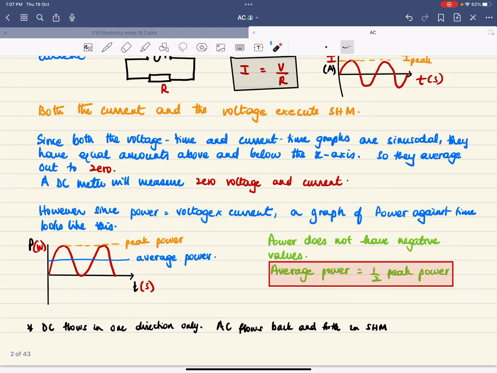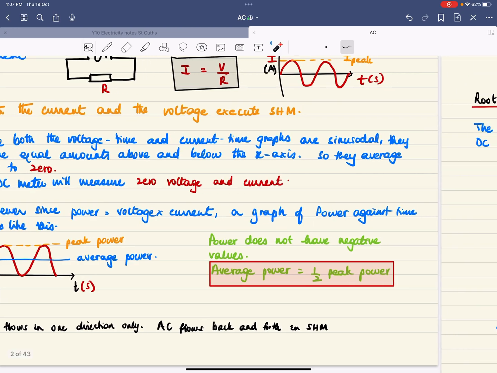The important thing about DC and AC: in a DC circuit, your positive and negative are fixed. The long lines are positive and the short lines negative, and the current only flows one way. But in an AC circuit, you have the current going back and forth in simple harmonic motion, so it's flowing both ways.